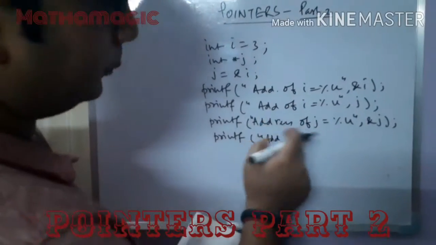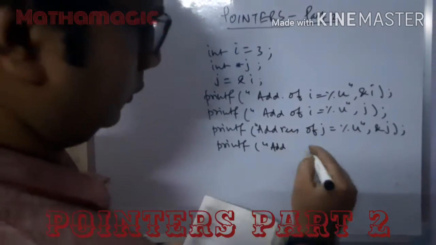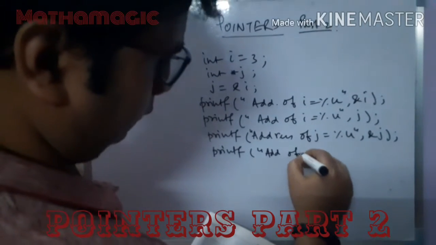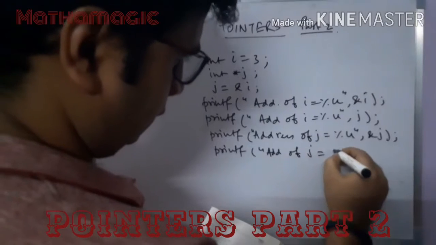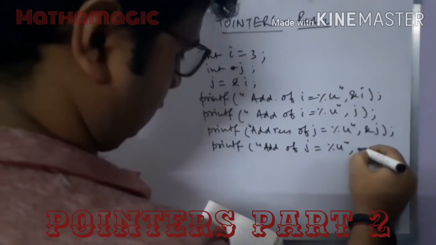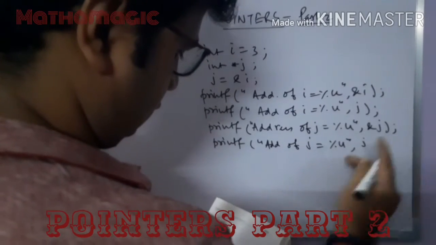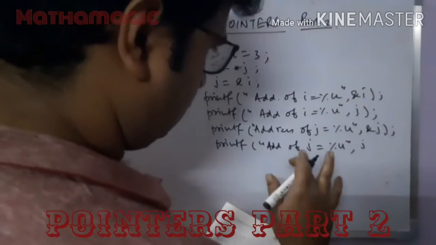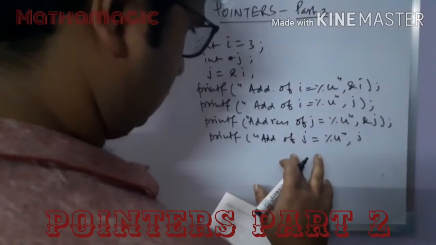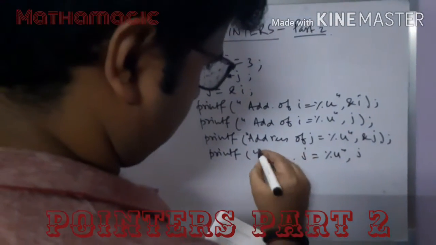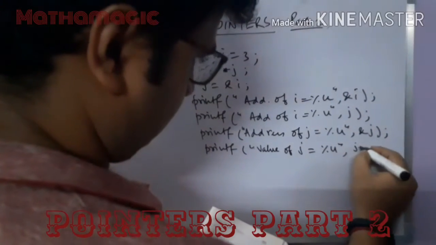This refers to the address. Address of j is equal to &j. Now, the value of j.